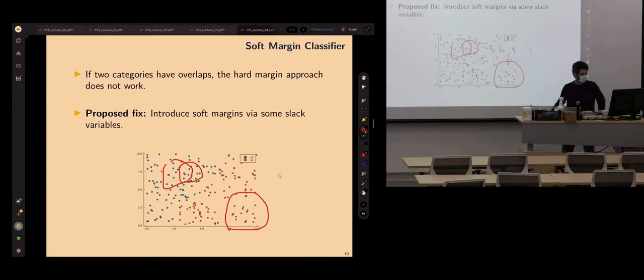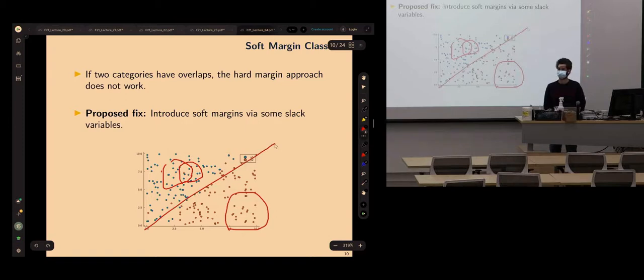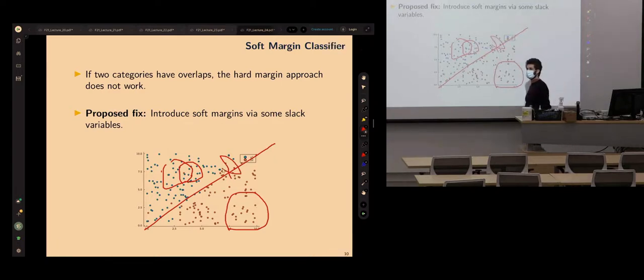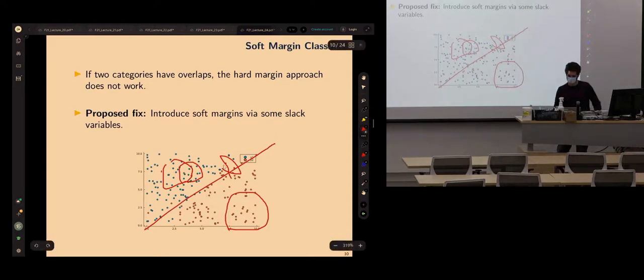So going back to the fix, the hard margin was saying that find a line that perfectly separates them. Soft margin is saying that, well, how about we cut some slack for these boundary points and just let them be. Do not get so irritated trying to find a line that meets these constraints perfectly, right?